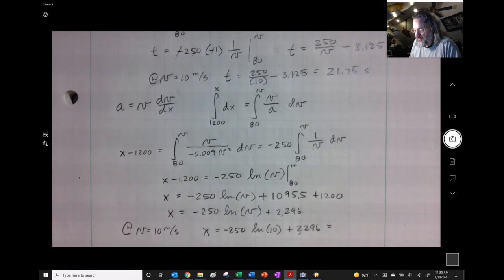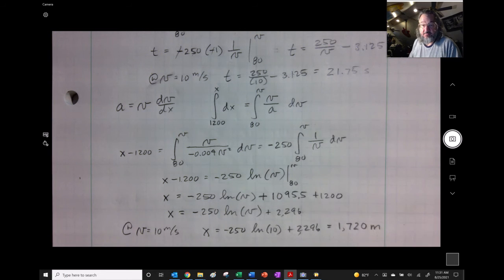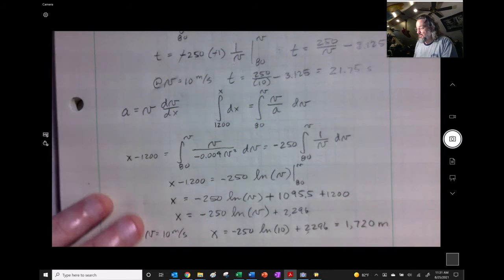So we take 10, and the natural log of that is 2.302, thereabouts. 250 times that, but this is negative, so we subtract out, and we get 1,720 meters.